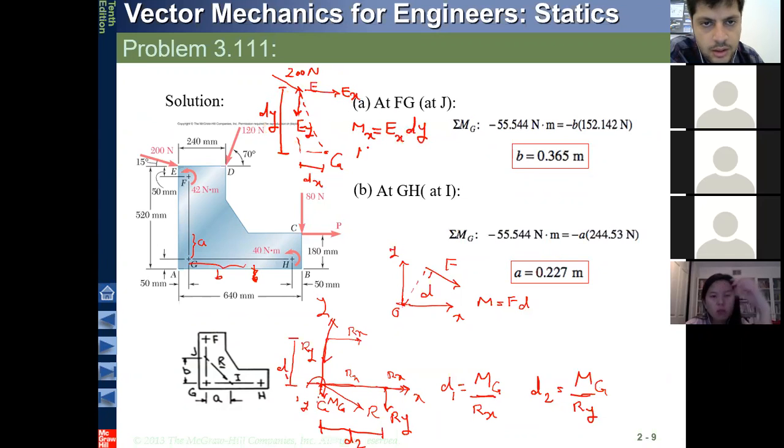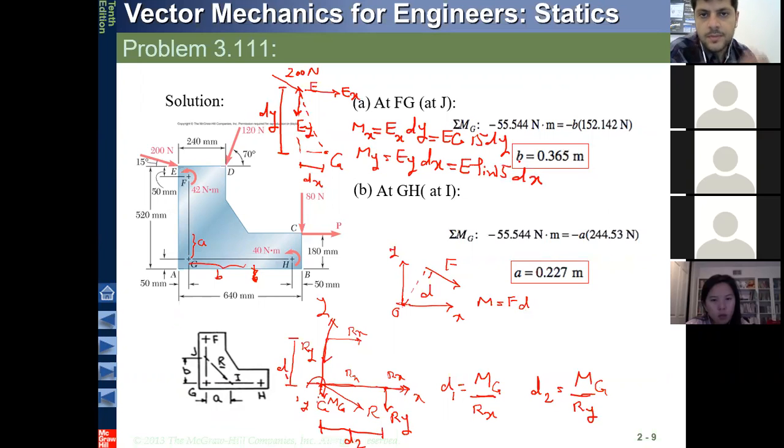All right, and you have My, which is equal to Ey dx. Okay, then you have E cosine 15 dy, and here you have E sine 15 dx. Clear? This is cosine.